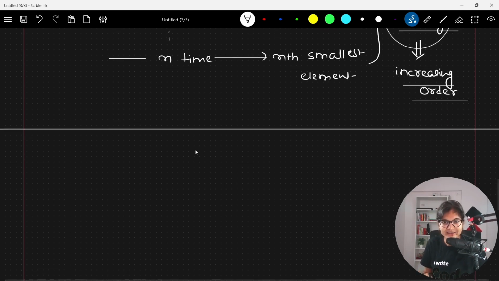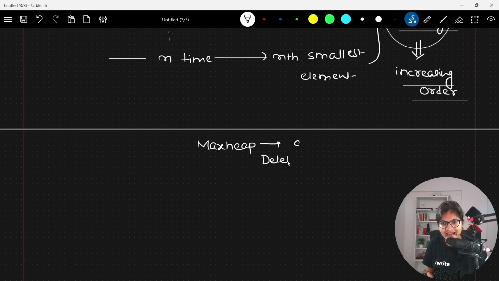When you are doing the same operation on a max heap, when you will do deletion n number of times in a max heap, what will happen? Again you will be able to get the sorted array.